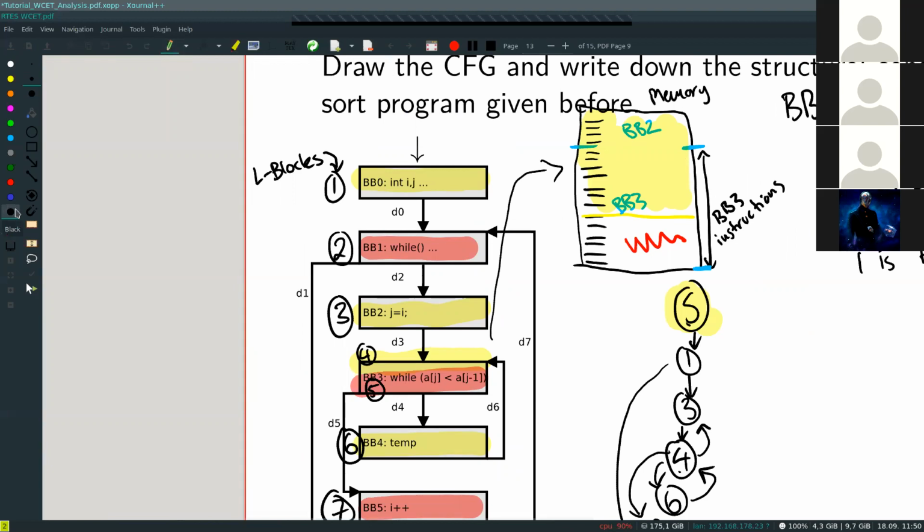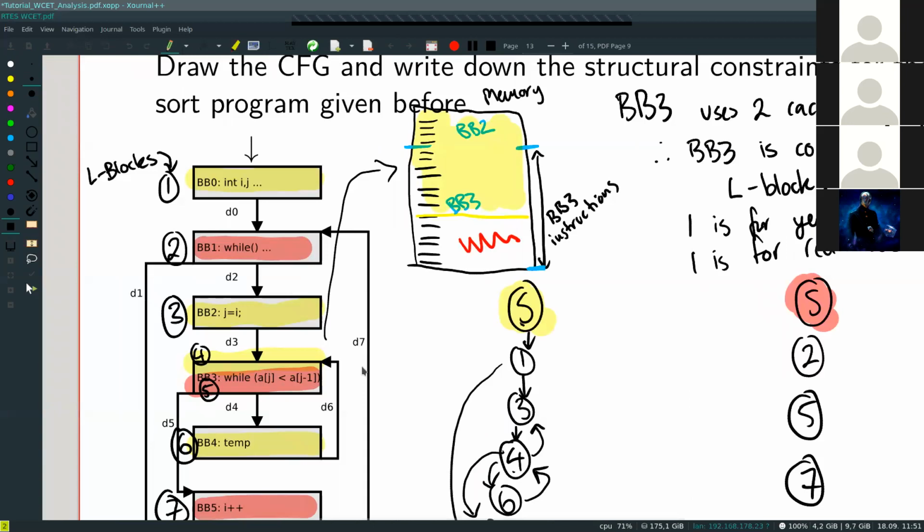Now this might be a bit confusing for people to grasp, but this transition, or this edge, this L block transition, means L block 4 is at the end of a cache line.